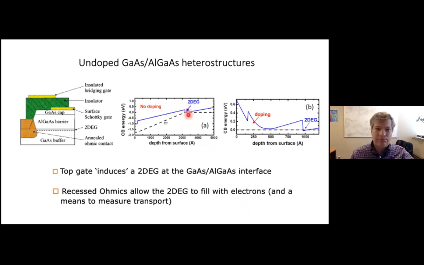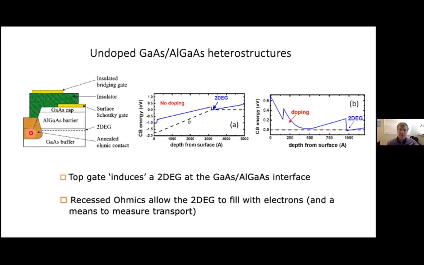Okay. And secondly, we need what's called a recessed metal ohmic contact to the 2-DEG, which we show here in this diagram. In other words, this is like a side contact that provides a low resistance path for electrons to fill the 2-DEG. Now, conventional ohmic contacts won't work because the top gate here would be screened by the metal at the surface.